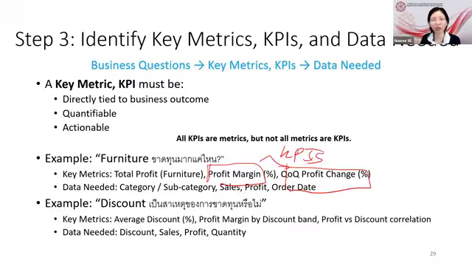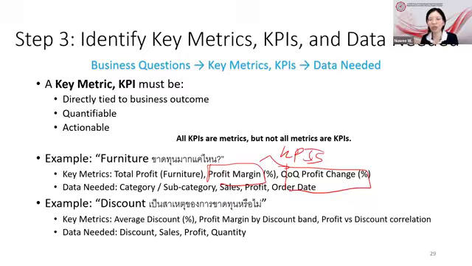Data needs include discounts, sales, profit, and maybe quantity. So these are examples of how, once we get a business question, we map out the key metrics and KPIs, and then we know the data that we need.